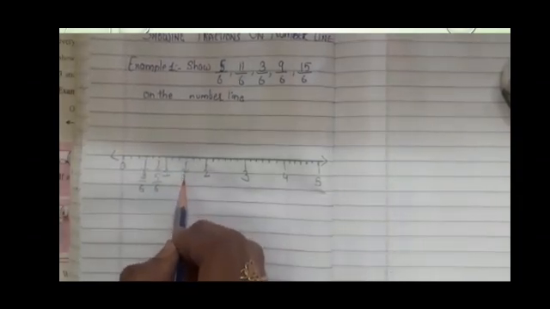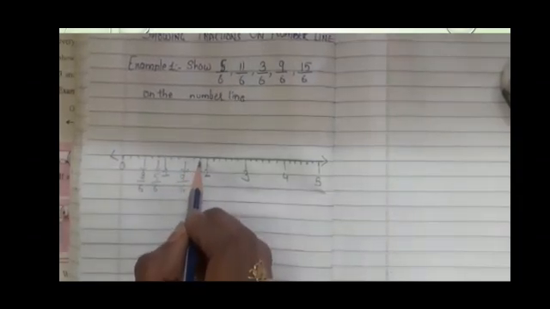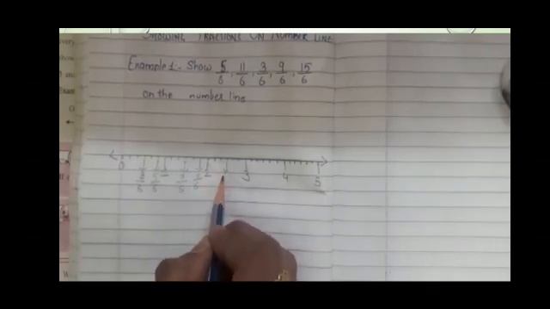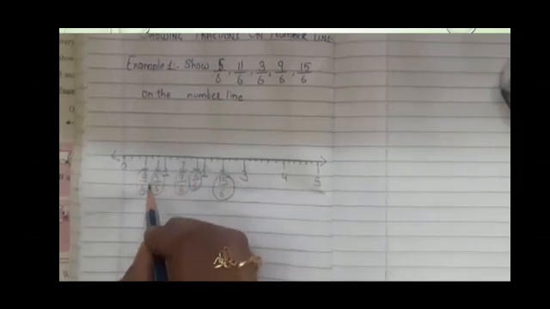After 5 by 6, 6 by 6, 7 by 6, 8 by 6, and this is 9 by 6. 10 by 6, 11 by 6, 12 by 6, 13 by 6, 14 by 6 and 15 by 6. So children, this way you have to show the fractions on the number line.